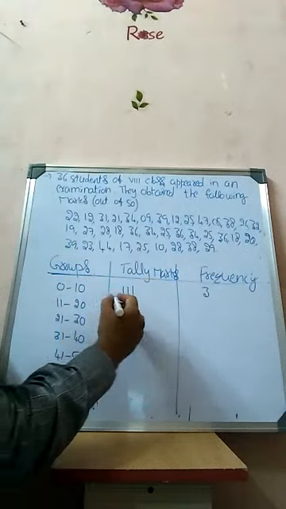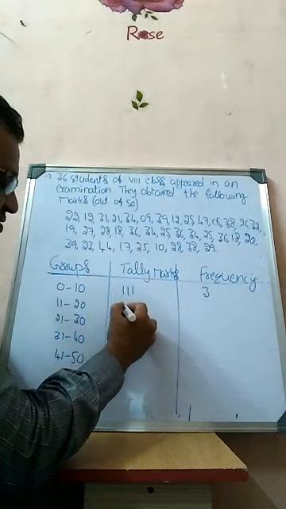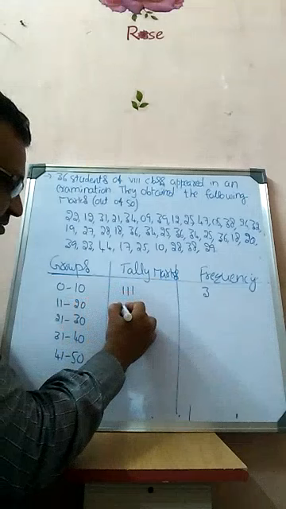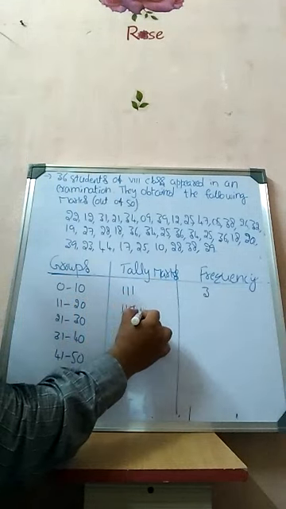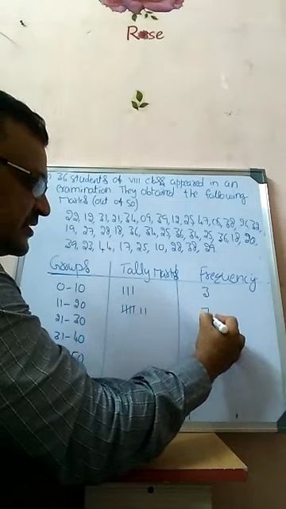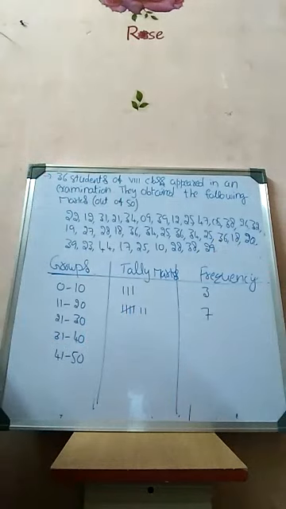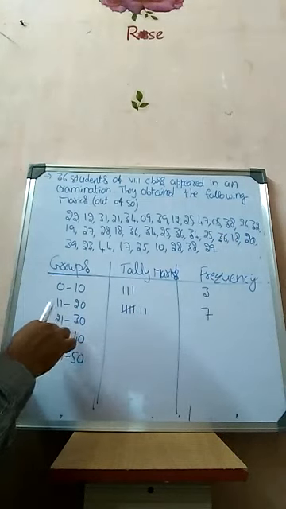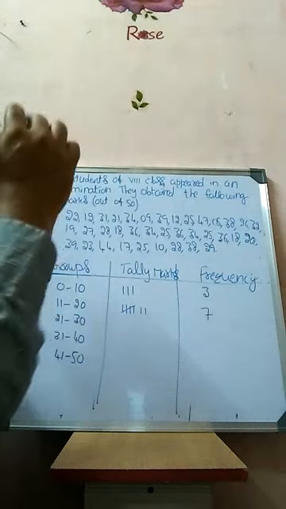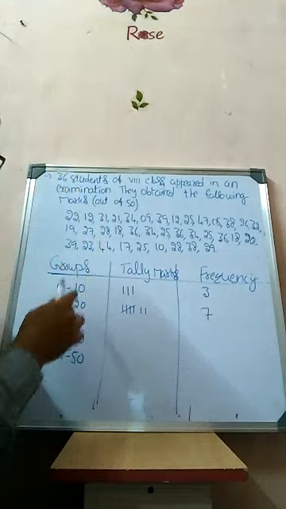So 7 students got in between 11 and 20, including both values. So the frequency is 7.